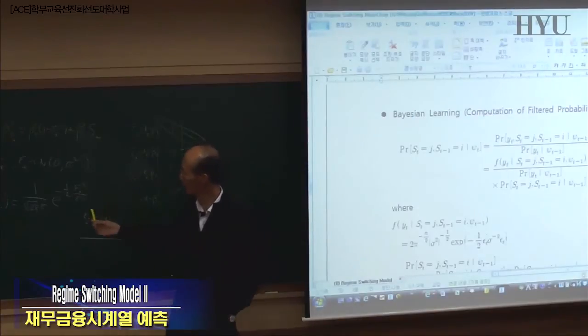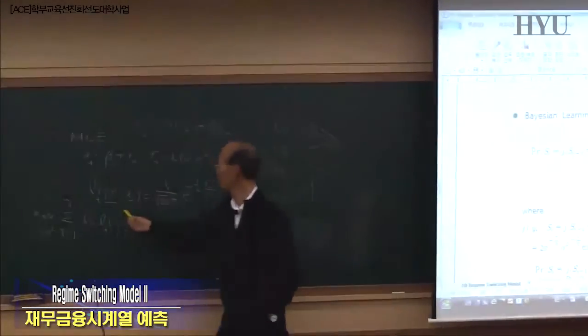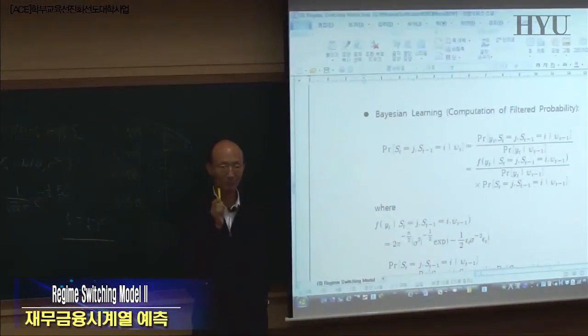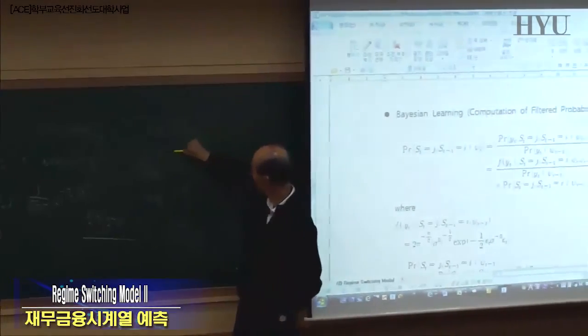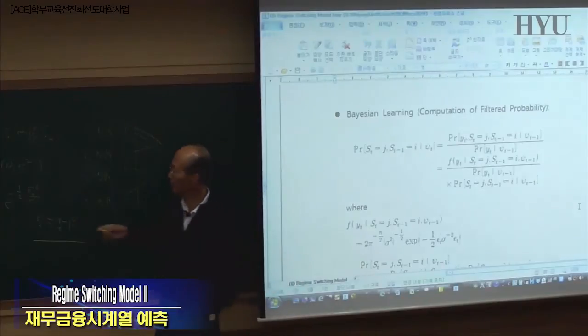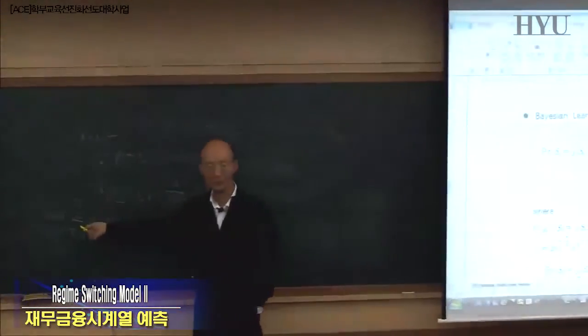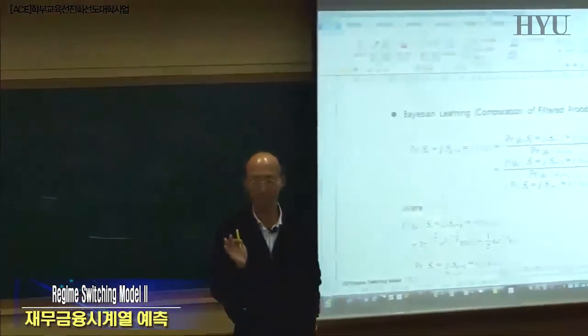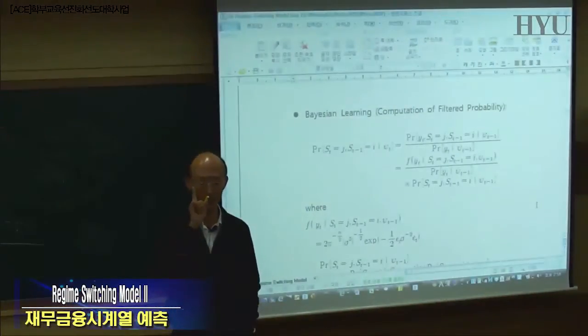So what that means is we have 4 log likelihood values at t, right? Corresponding to these possibilities. We try to maximize this thing somehow, right? But at time t, we have 4 of them. So how do we make it 1 to maximize?